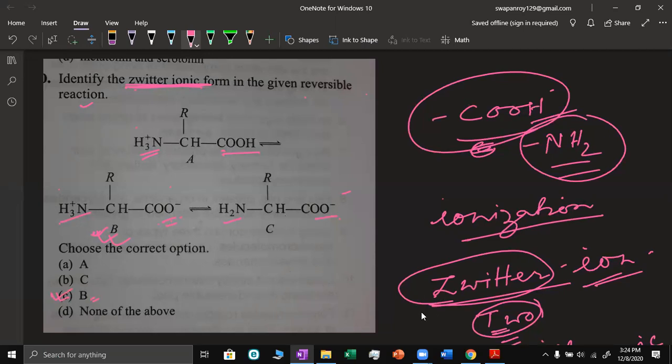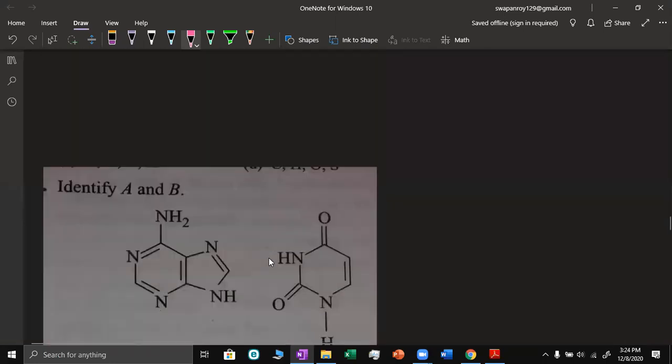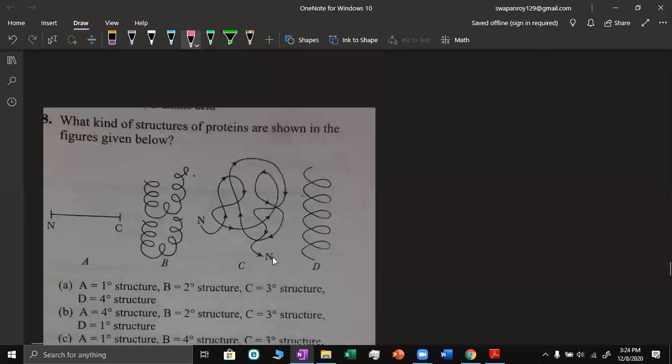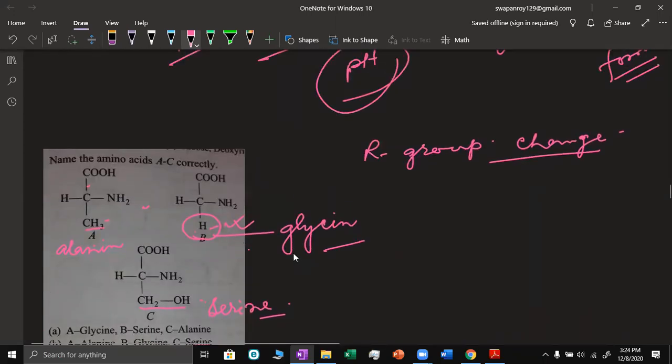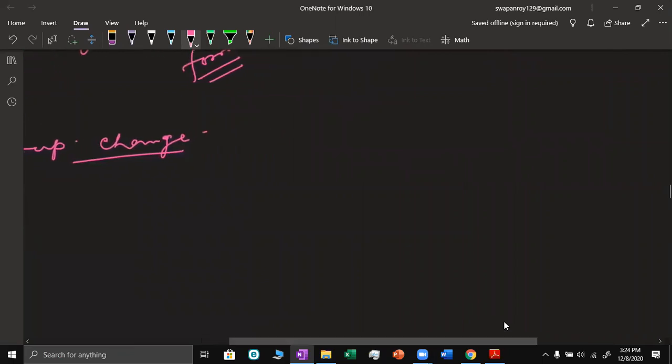Okay, so these are the things. Then these molecules will go to one thing with the amino acids: these amino acids can undergo polymerization.